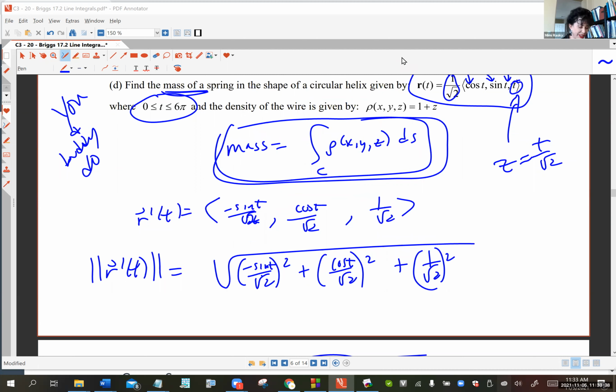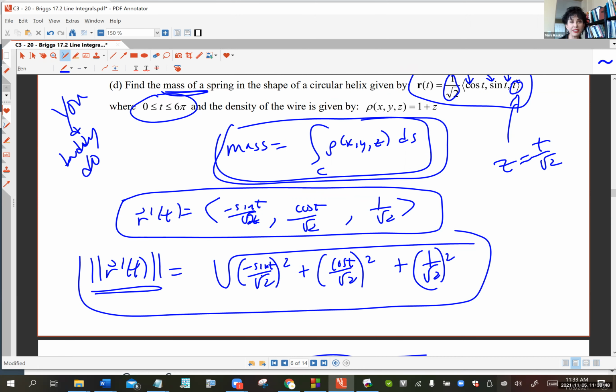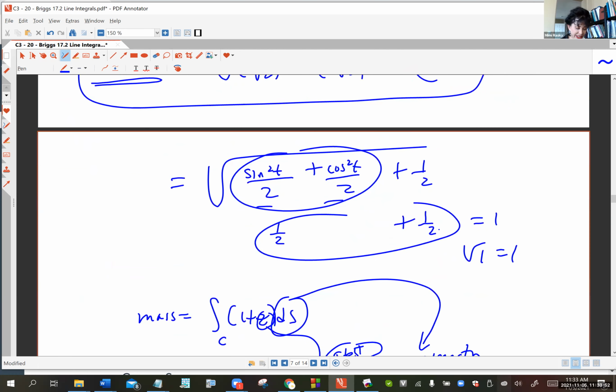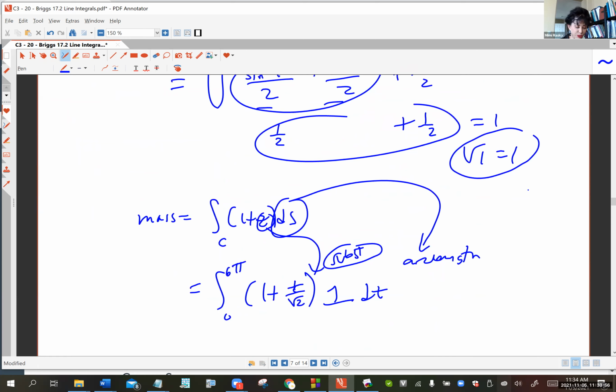We were doing this nice mass of a spring problem. So we found the velocity vector there. Then we got the magnitude of the velocity vector to help us get the arc length element. And after doing some arithmetic, it turns out that the magnitude of the velocity vector was 1.